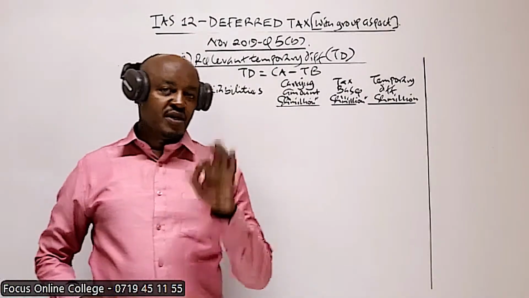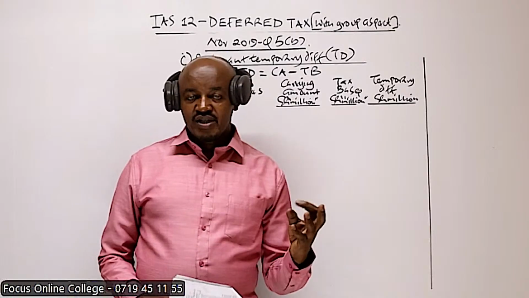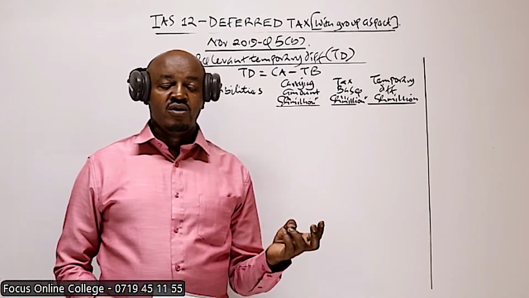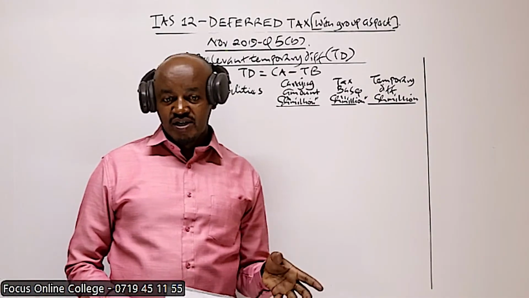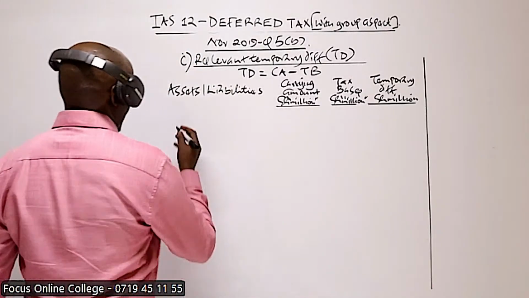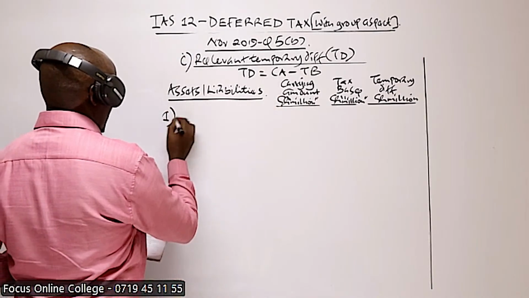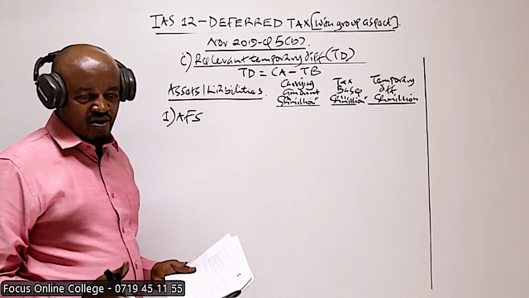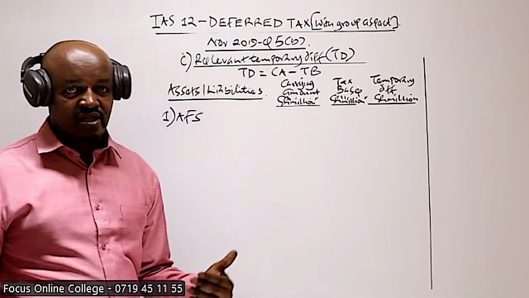And we talked about three categories of financial asset: financial asset at fair value through profit and loss, financial asset at fair value through other comprehensive income, and financial asset at amortized cost. But in our question here, we have two financial assets. The first one is called available for sale. Now, under the topic of financial instruments, we never came across something like this, financial asset available for sale.